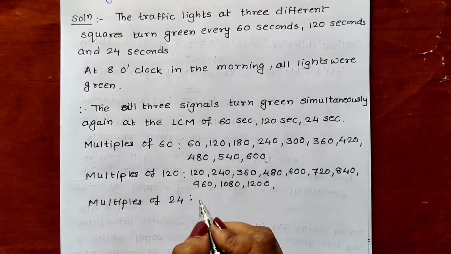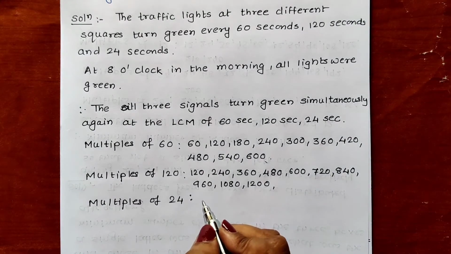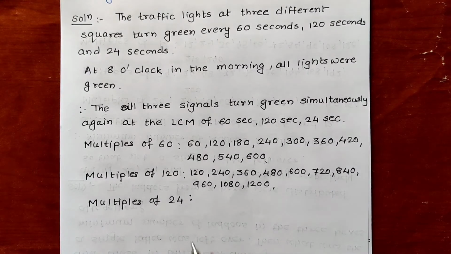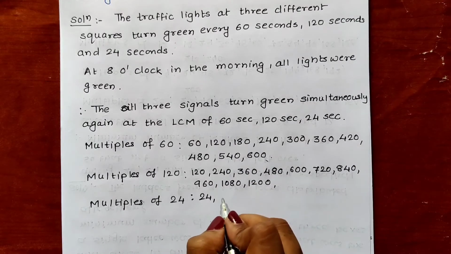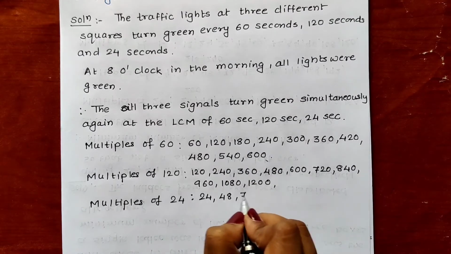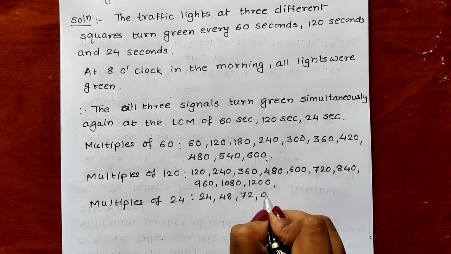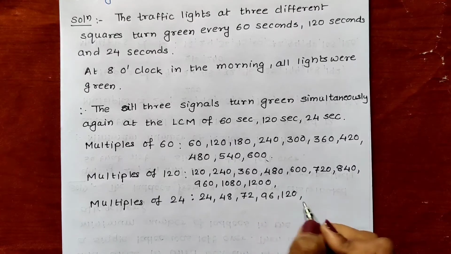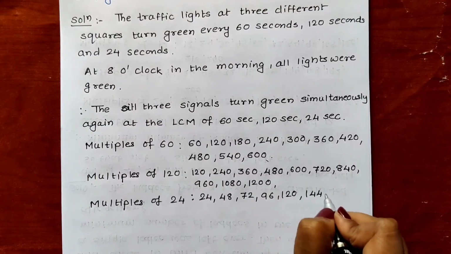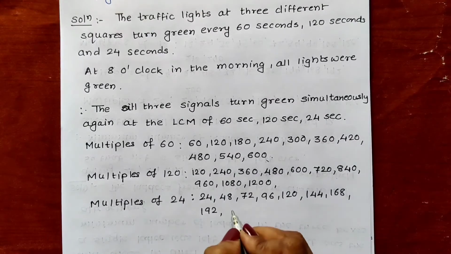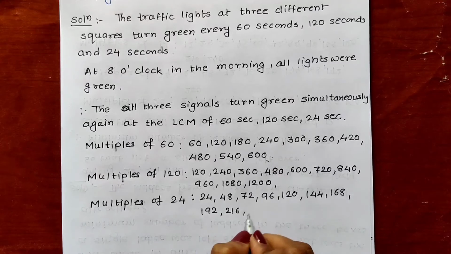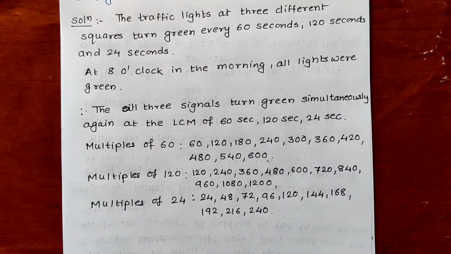Now the table of 24 we all know, very easy. 48, 72, 96, 120, 144, 168, 192, 216, and 240. Okay, so we have written multiples of 60, 120, and 24.